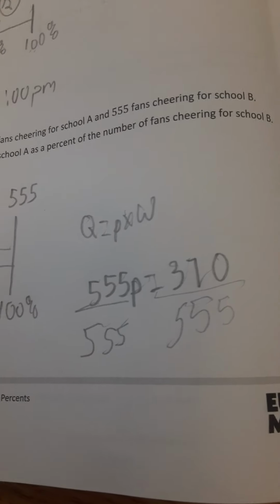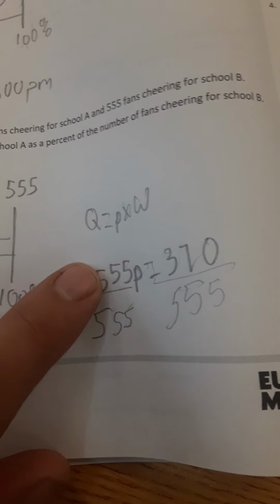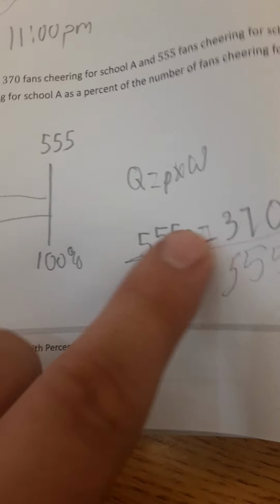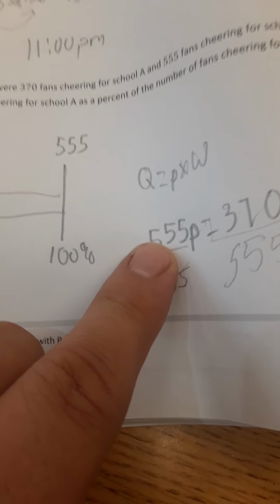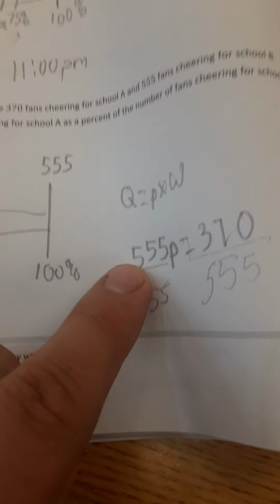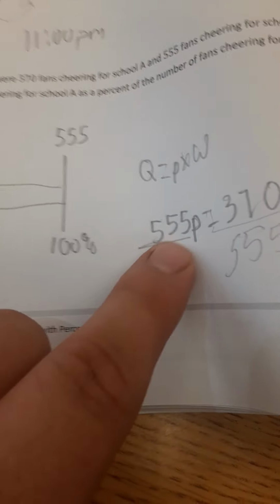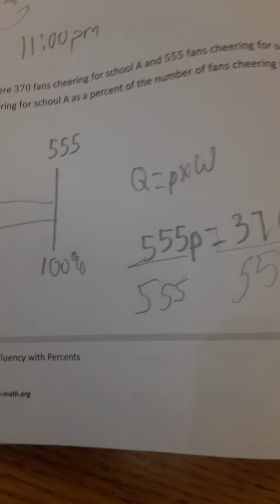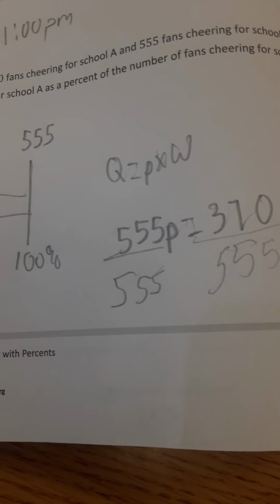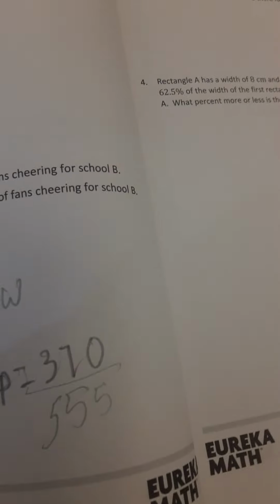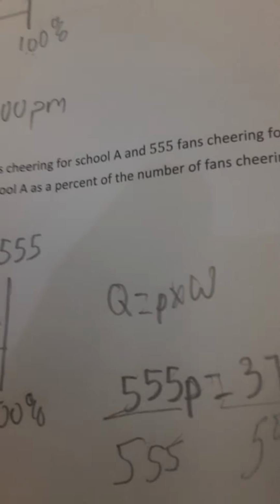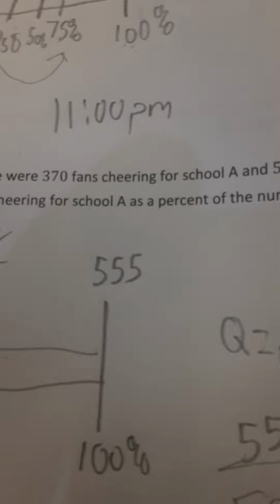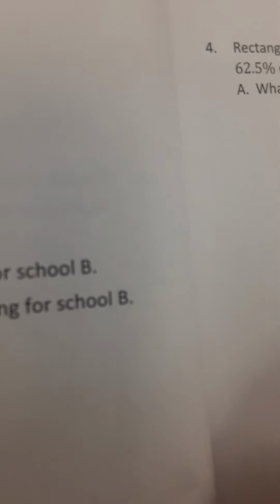Let's see. So again, I did my quantity, 370 equals my percentage, which I'm trying to find, times my whole. I divided 555 on both sides to get P equals, my calculator is also wrong, so bear with me, it is 66 hundredths repeating.